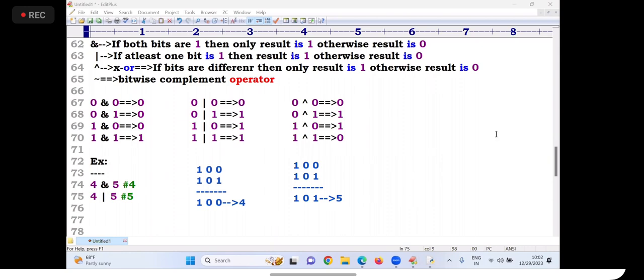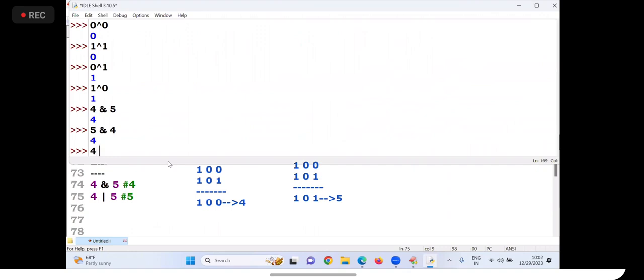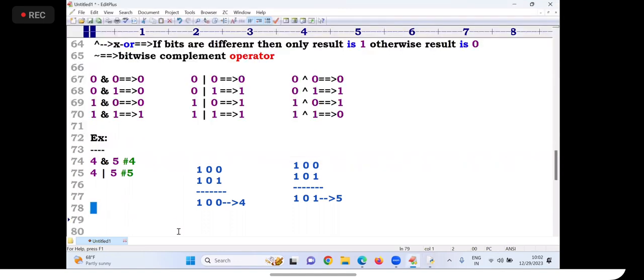Run this. 4 or 5, 5 came, right? First convert any number to binary, apply the bit by bit symbol. You will get the output. Based on this, tell this one, 4 or 5.